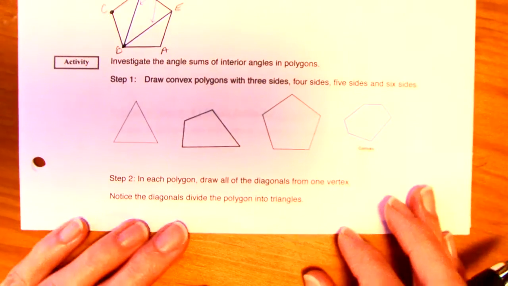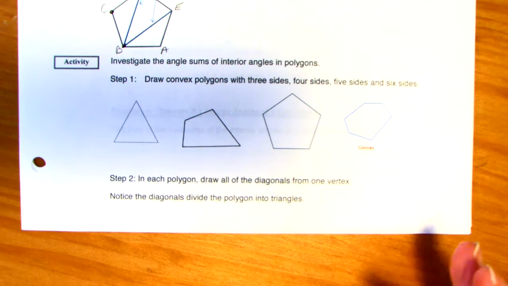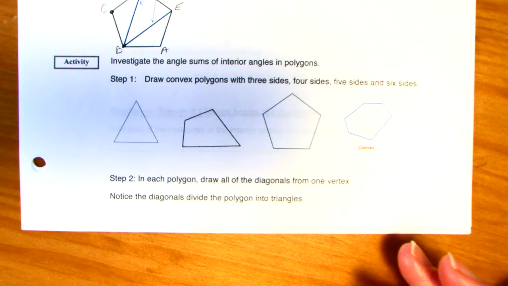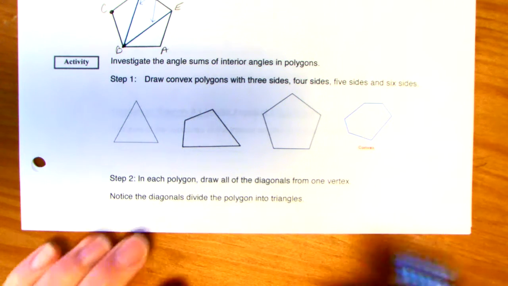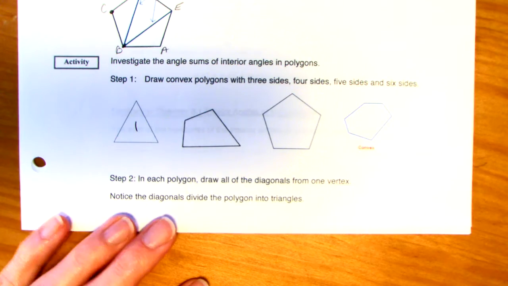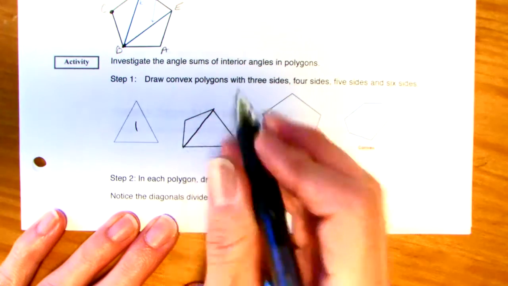Here we go. Investigate the sum of the interior angles in polygons. What we're going to do is draw convex polygons with 3 sides, 4 sides, 5 sides, and 6 sides. Apparently I did that for you. In each polygon, draw the diagonals. Well, there are no diagonals here, so there's only one triangle. In a quadrilateral, you can only draw one diagonal.